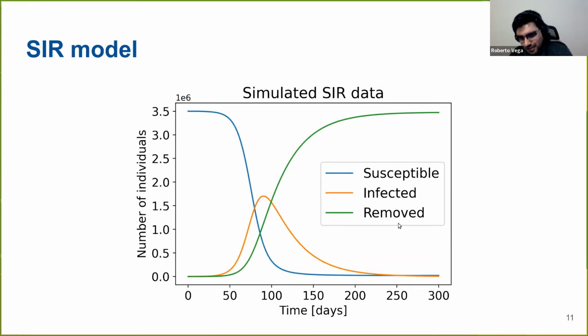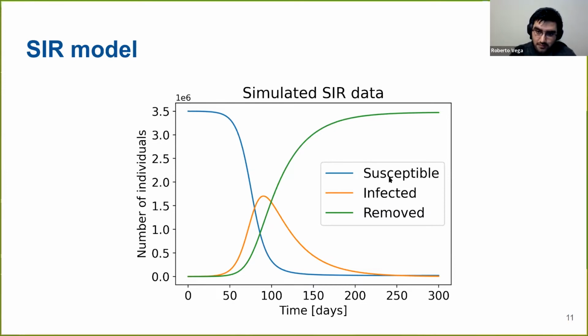So at the end of time, basically everyone who was susceptible got infected, and all the people who got infected either recovered or died. So there is no possibility to get more infections because that is over. And this is the description of the SIR model.